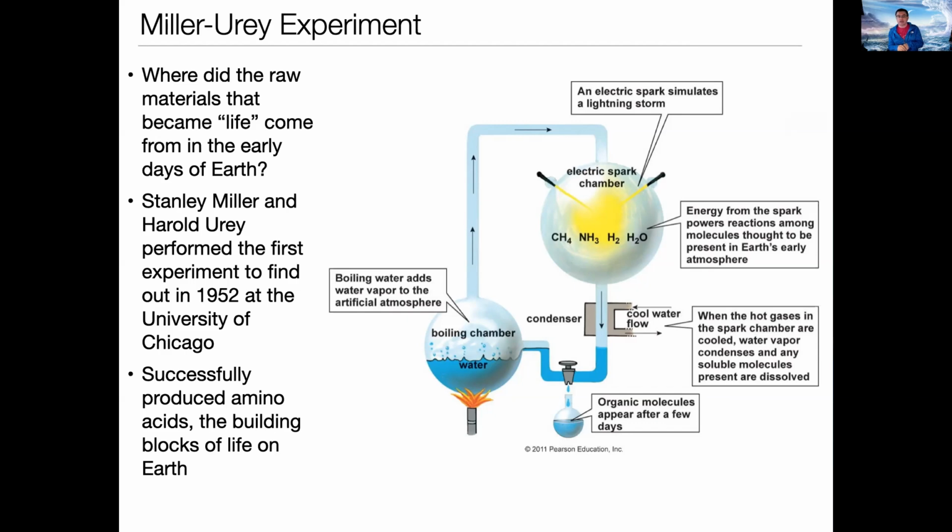Okay, and so what Miller and Urey did is they produced an experiment in the laboratory with a raw environment in terms of gases and temperatures and liquid water that mimicked what we think the early Earth was like. They then provided an external energy source to that.